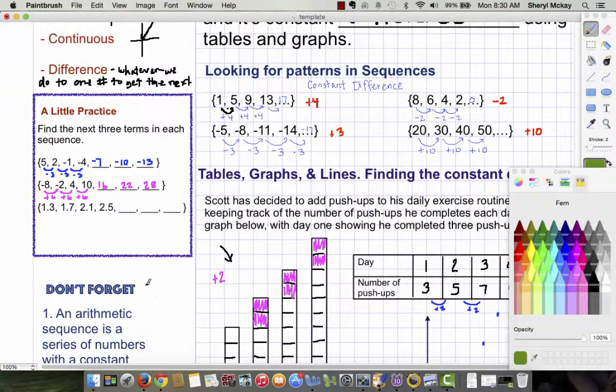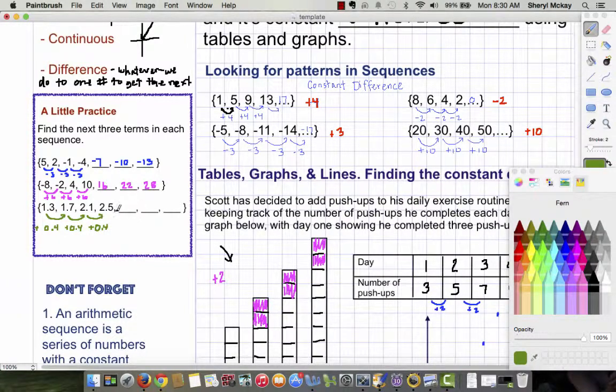This one was a little bit trickier. But if you looked really carefully, you would have seen from 1.3 to 1.7, you added 0.4. So then from 1.7 to 2.1, you added, let's put a little plus sign there, 0.4. And from 2.1 to 2.5, we added 0.4.